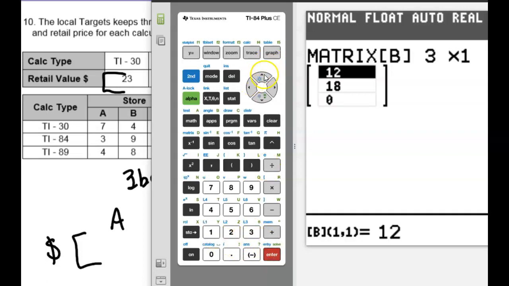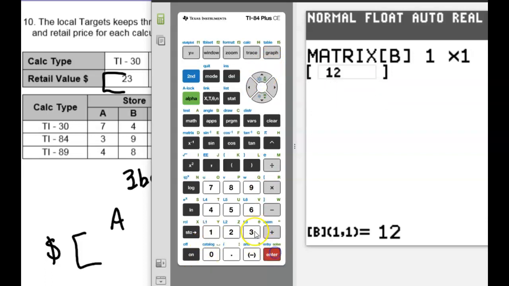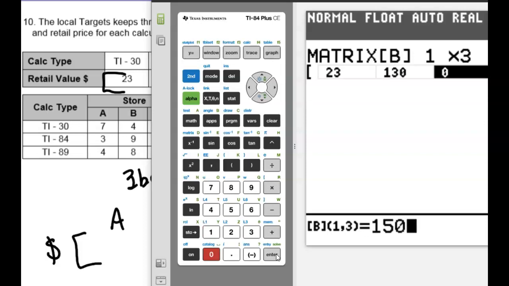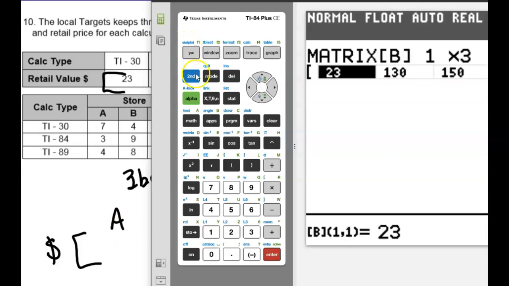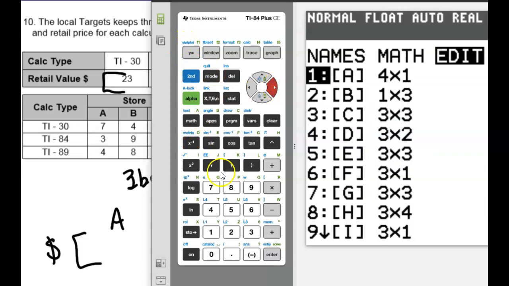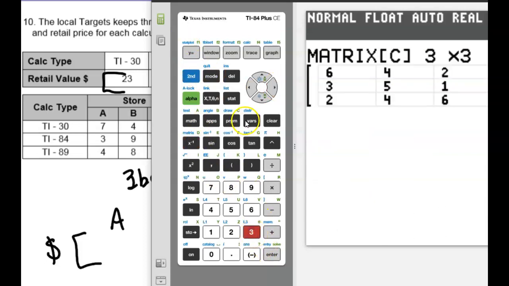That's not, it's a 1 by 3. Oh. Why did you not finish the review? Because I can't type. Okay, 23, 130, 150. You want to quit, matrix, edit, C. 3 by 3.